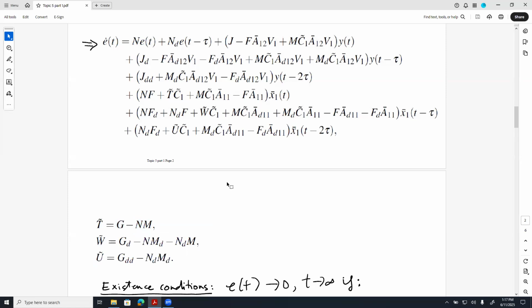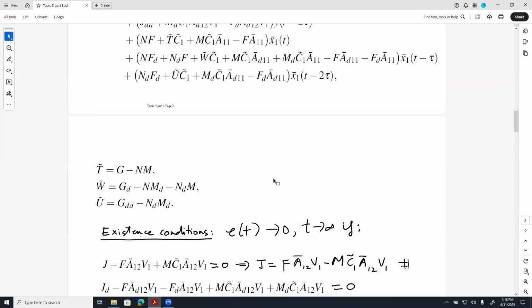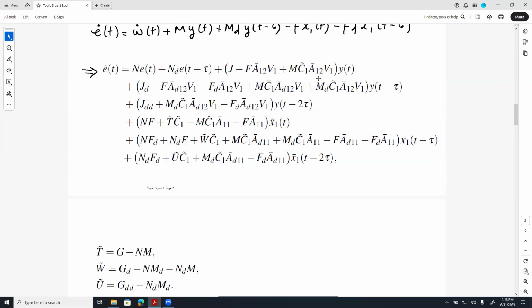So now, how do we derive the existence conditions? Now, the existence condition is basically what do we do in order to ensure that the error goes to zero as time goes to infinity. So that means that we're going to look at the error dynamic equation here, and then we say, okay, let's make everything in here equal to zero.